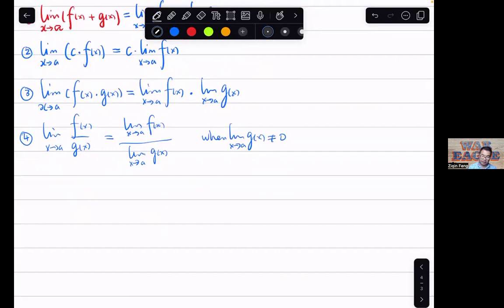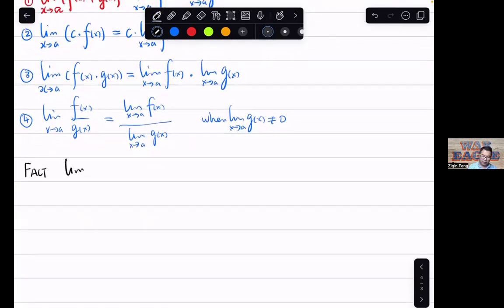Now you can see that. Let's write down some easy facts. If you want to calculate the limit as x goes to a of x squared, because x squared is x times x, both factors go to a. So this for sure is the same as the limit as x goes to a of x times the limit as x goes to a of x, because the limits of both factors are finite numbers, which are a.